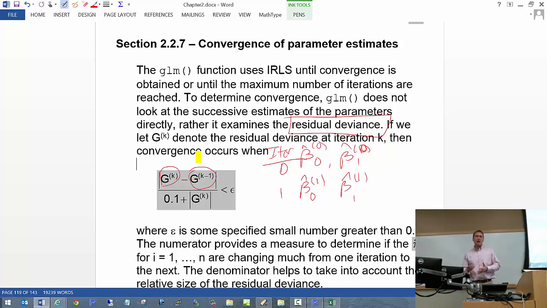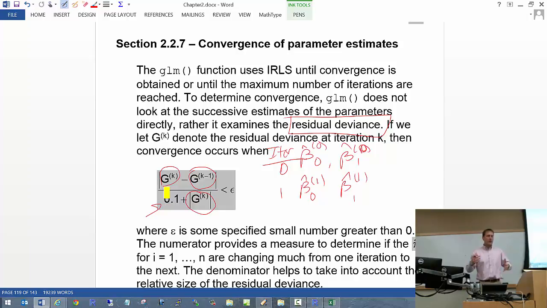So you divide by G at the current iteration so that you get a relative difference. R just throws in an extra 0.1 as well. What you're hoping is that this relative difference is very small. If it is, then you have converged.